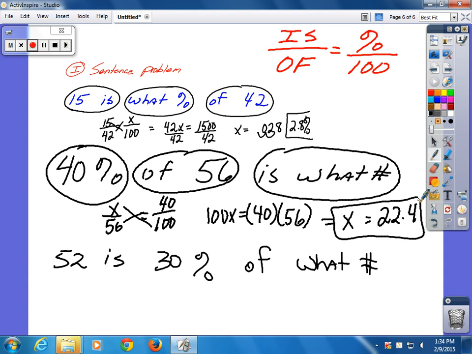All right, what do you do here? 52 goes where? On the is spot. What goes in the of spot? And then what goes in the percent spot?